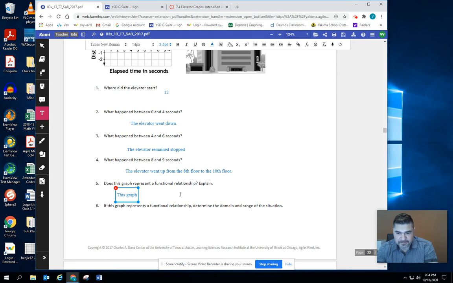This graph represents a functional relationship because it passes the vertical line test.